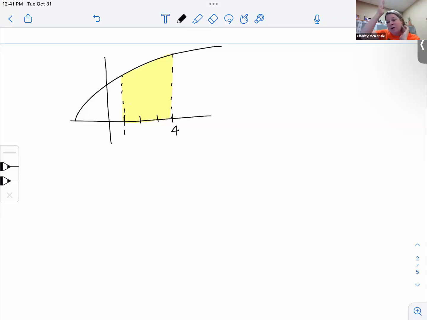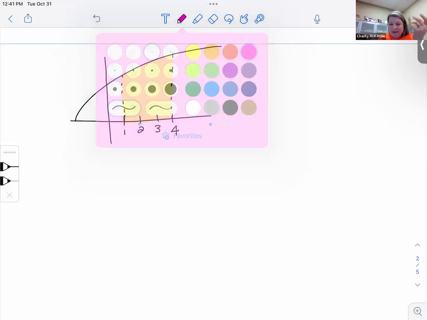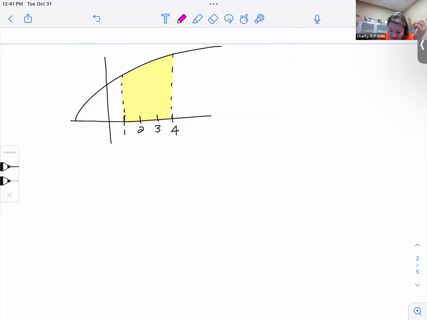Now, whether we start with the number 1 and go up and over on our rectangle versus maybe not starting with the number 1 kind of depends. So I'm going to do this one in pinky purple. If I started with the number 1 and I went straight up and hit the graph, then went over to form my rectangle.